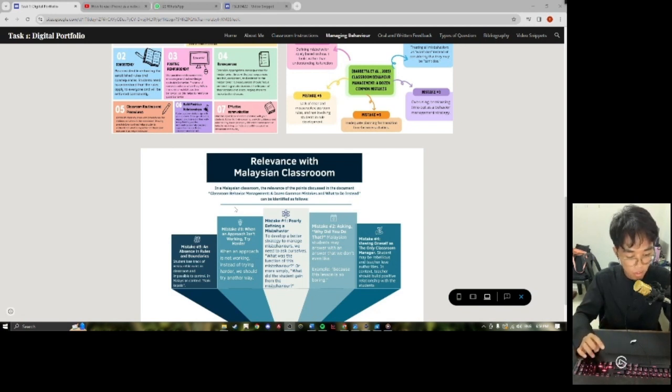But all the relevance that I've analyzed is based on the second journal, which mentions lots of mistakes that seldom happen in classroom behavior management. And we're seeing lots of poor definition of misbehavior. With many teachers, every time a student misbehaves, they don't actually know why they do it.